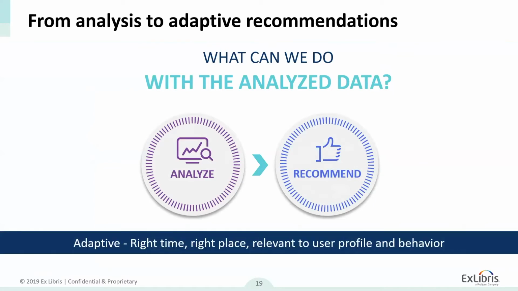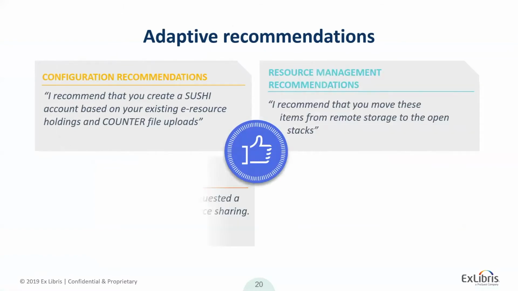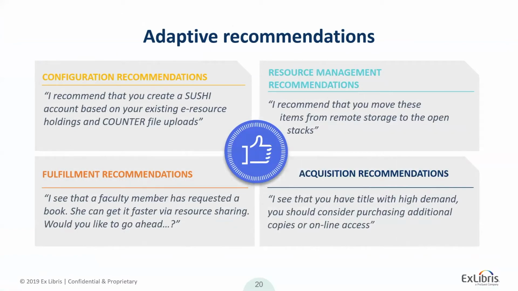So what type of recommendations are we able to do? We can provide recommendations, for example, and these are just some sample use cases that we have. So for example, we know that you might be loading data, perhaps usage data from a vendor on a monthly or semi-annual or annual basis.